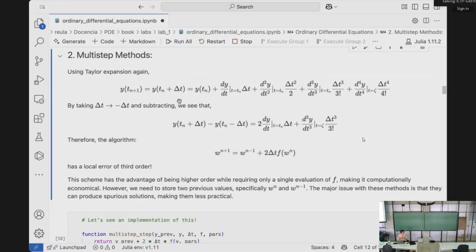We can try to play a bit more with this expansion and see if we can cancel out, for example, the linear term and get something that's order delta t cubed, delta t to the fourth, and so on and so forth, right? So this is what we are doing in this multi-step method.